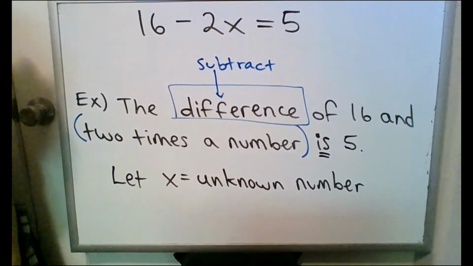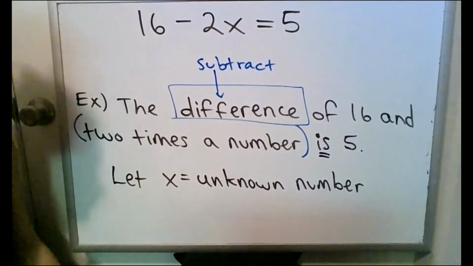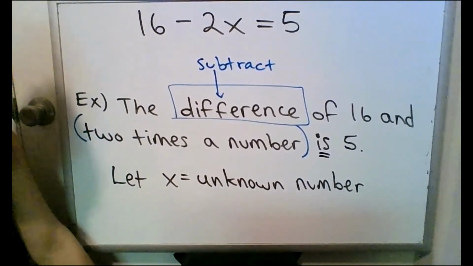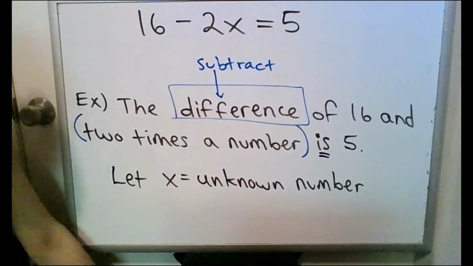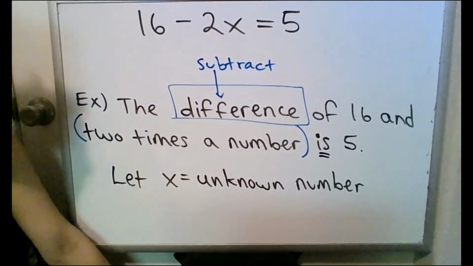Okay, I want to finish up talking about homework 2, and the last questions are about perimeter. And just a reminder that perimeter is the distance around the edge of a shape.